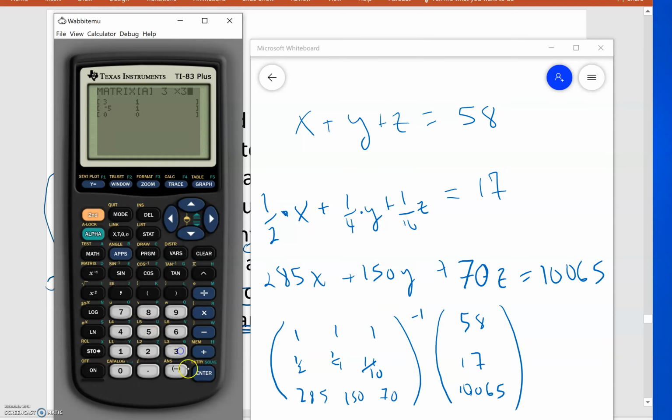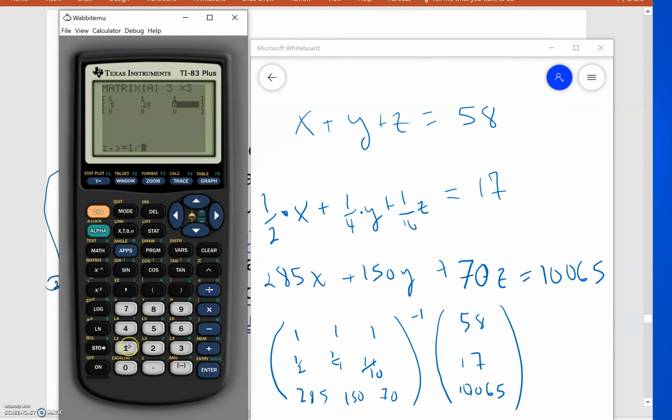So it's a 3 by 3 matrix. 1, 1, 1, a half, a quarter, and a tenth. 285, 150, and 70. So there's our 3 by 3.